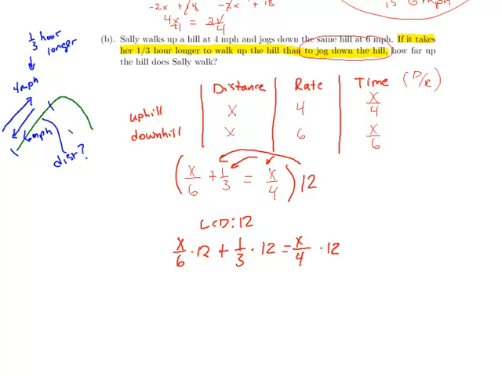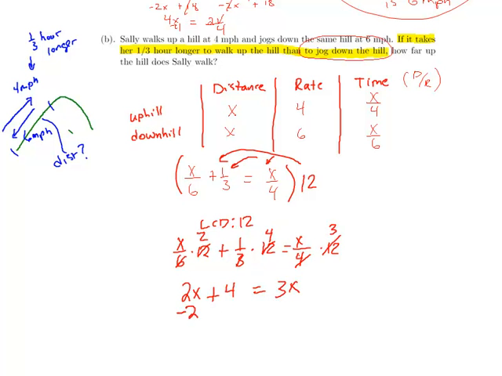So now we just simplify these expressions. 6 goes into 12 twice, so I'm left with 2x. 3 goes into 12 4 times, so I'm left with plus 4. And 4 goes into 12 3 times, so I'm left with 3x here.